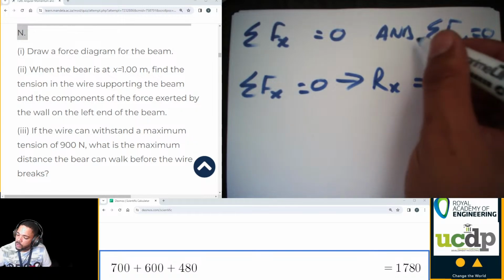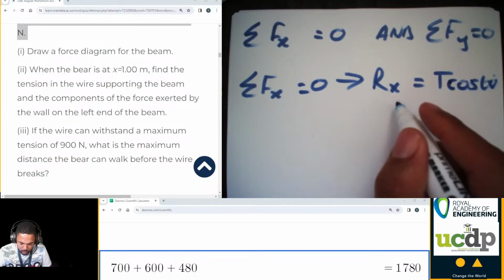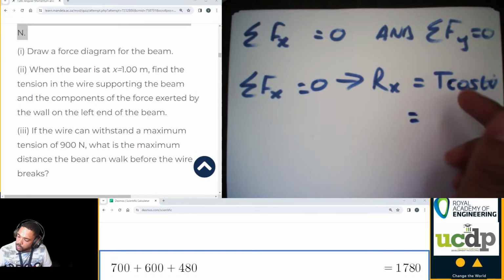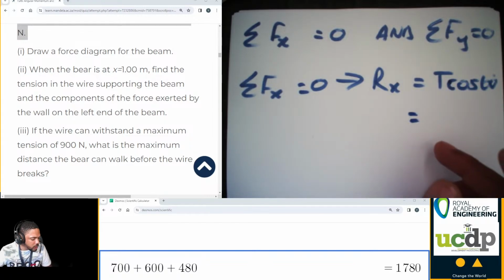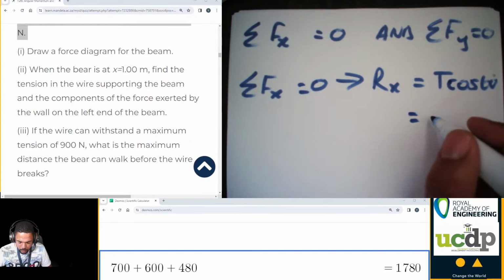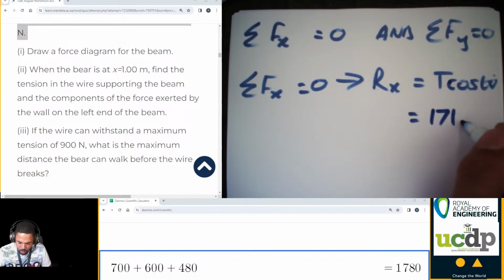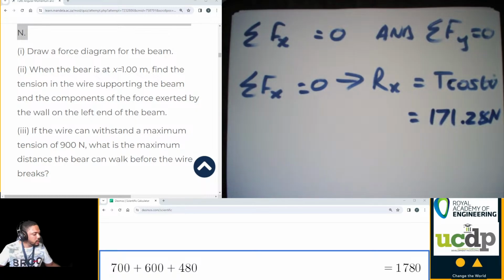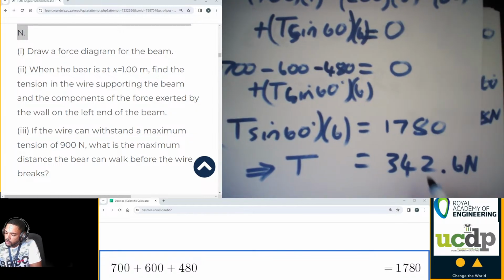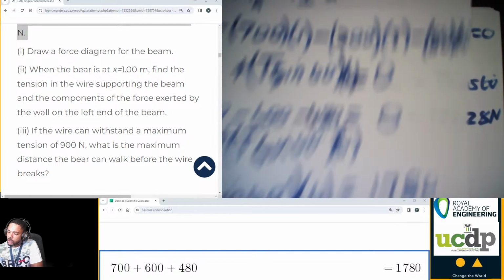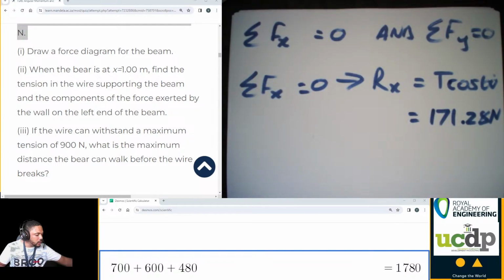That is why we first had to calculate the tension. If you multiply the tension that we just calculated, 342.69, by the cos of 60, you will get 171.28 newtons.